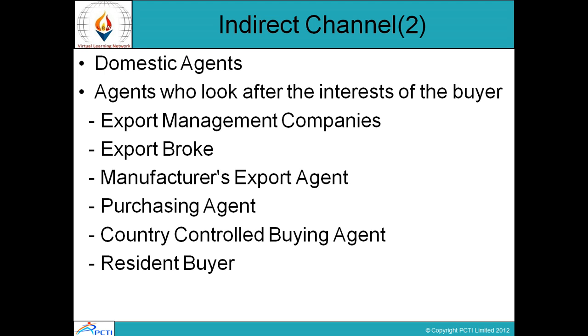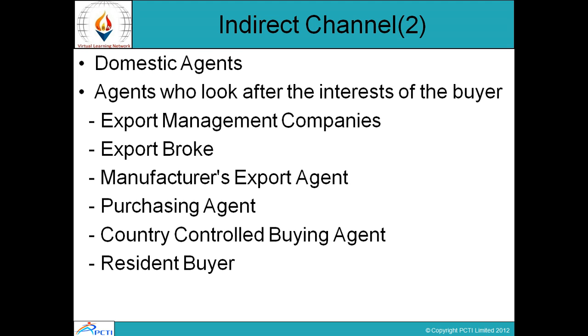Purchasing agents represent foreign buyers. By residing and conducting business in the exporter's country, the purchasing agent is in a favorable position to seek a product that matches the foreign principal's preferences.